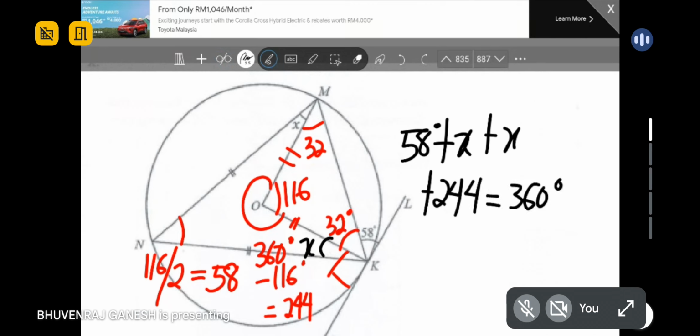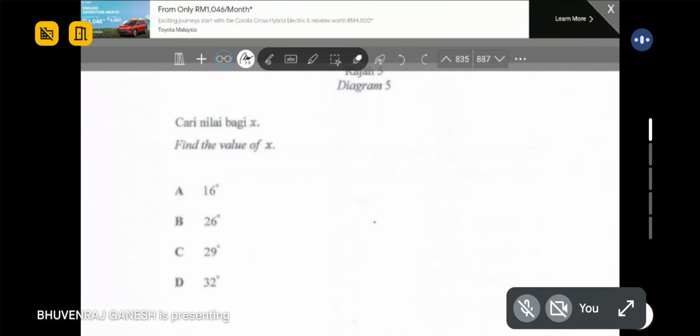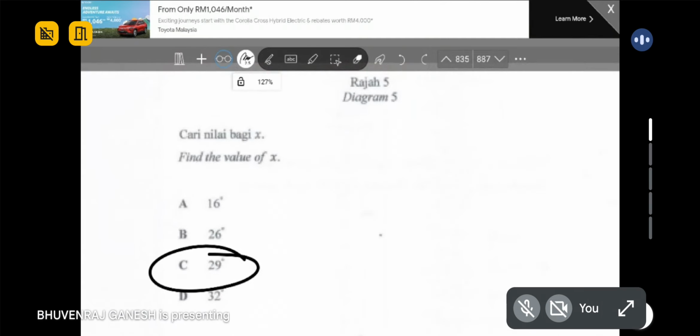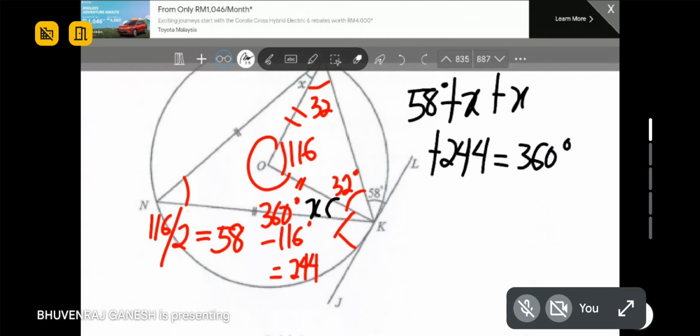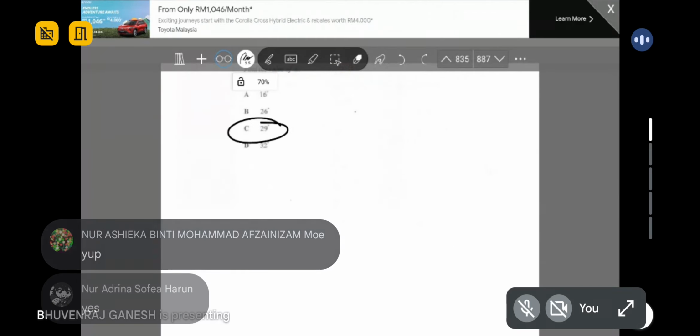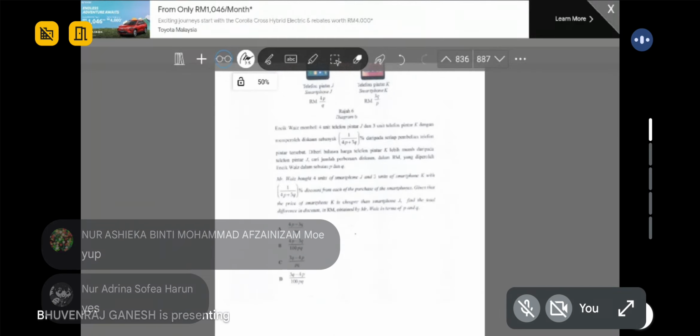Okay, so then you guys solve for x lah, selesaikan. So you will get x is equal to 29. Jawapan dia C. Okay, clear guys? All of you can? Jelas how I get the answer? Boleh? Can get the step? Boleh. Okay, next one.